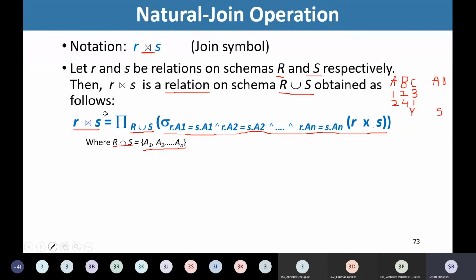And we are having another relation S with the instance like 1, 4, 2, 7, 2, 2, 3, 4. So these are 2 instances of R and S. Okay.